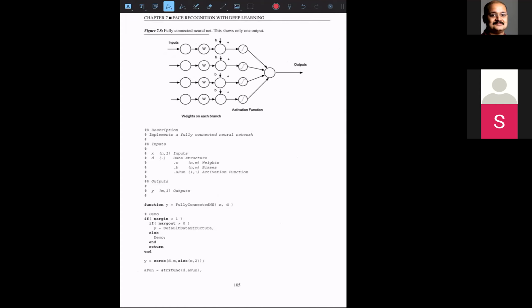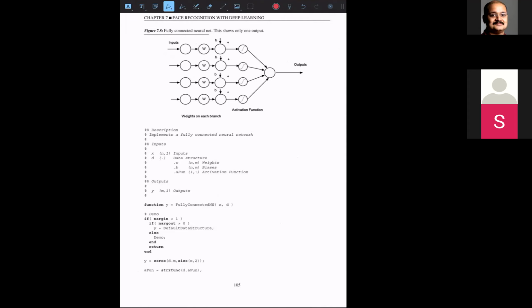And if you look at the structure of this full connection, this is how the feed forward fully connected network is. What you have is some weights and some biases.